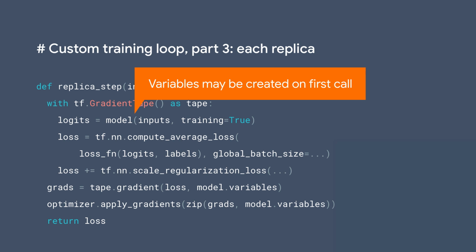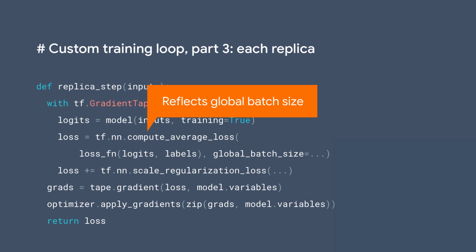That's important because that's frequently something Keras will do if the input shape was unavailable at the time the model was created. But this is fine since we're going to be running this inside the strategy scope, and variables will still use the strategy's policy.